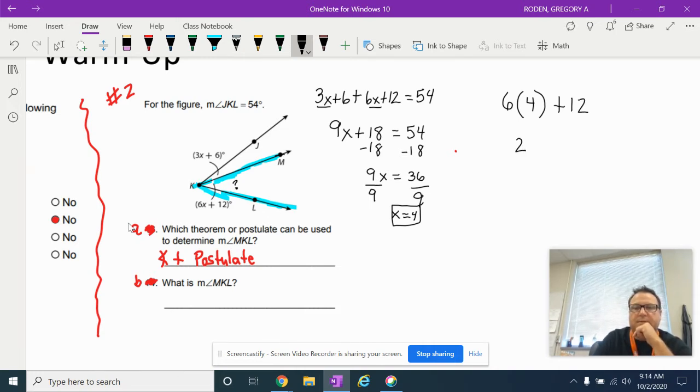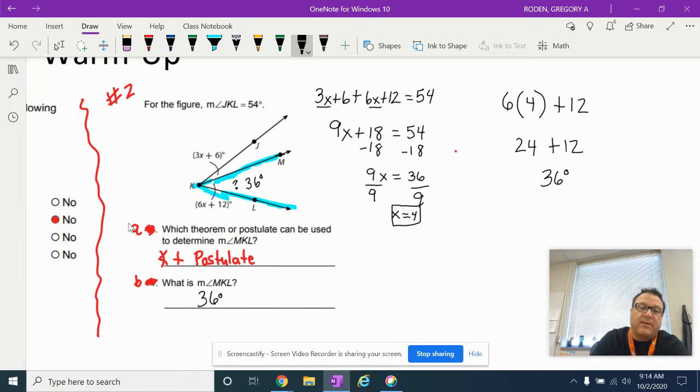Well, 6 times 4 is 24, plus 12. What's 24 plus 12? 10 plus 24 is 34, plus 2 more gives me 36. So we can now say that the measure of MKL is equal to 36 degrees.